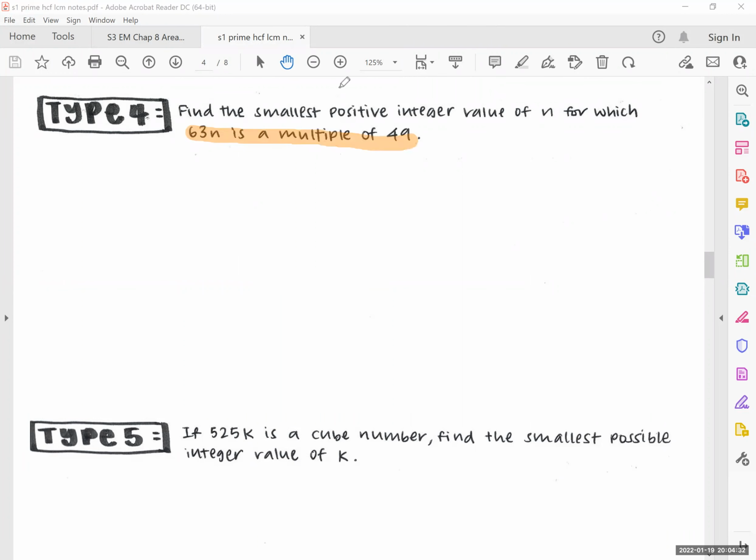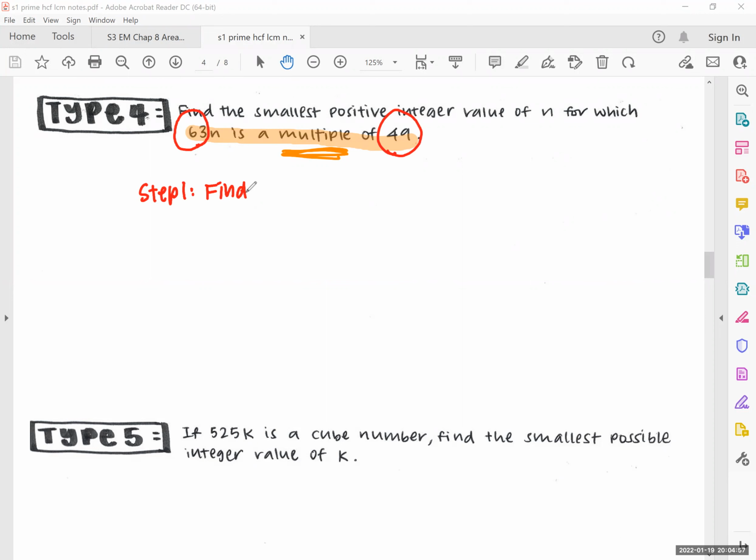Because can you see this keyword called multiple? If you see this keyword called multiple, the trick is take your red pen, circle the 63 and circle the 49 and write that down. The step 1 you need to do is to find, because they will tell you multiple, right? So multiple means, is it LCM or HCF?